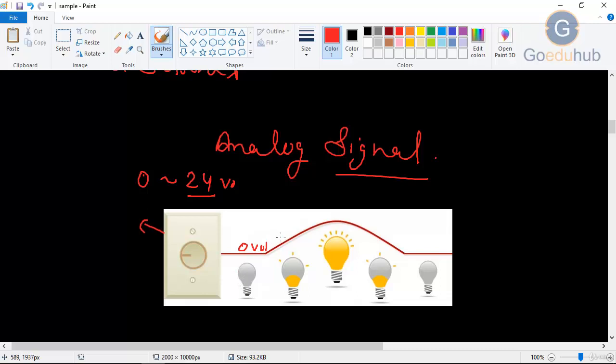Now suppose I give here 12 volt and you can see my lamp is glowing but with less illumination as compared to this bulb which is illuminating at 24 volt. Again here 12 volt and here 0 volt. So as you can see, an analog signal we can represent by a sine wave.